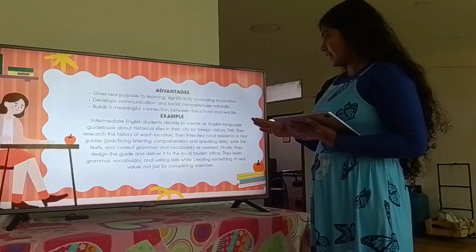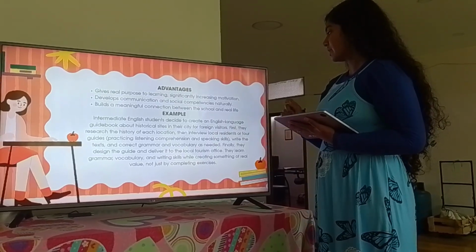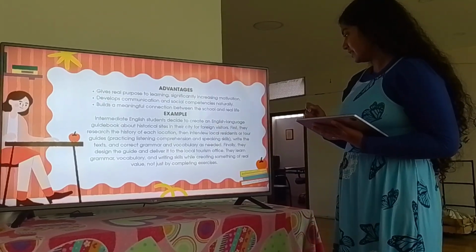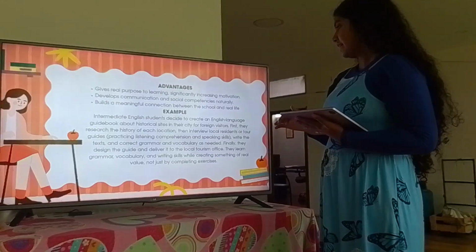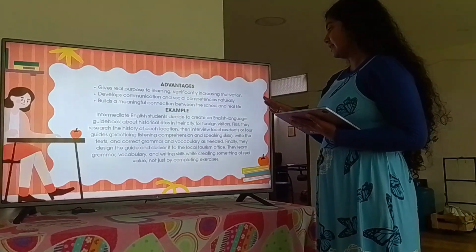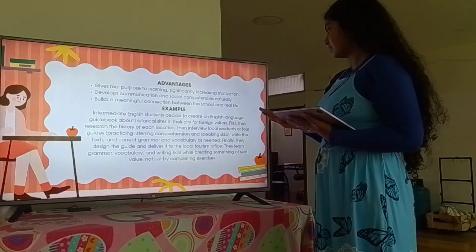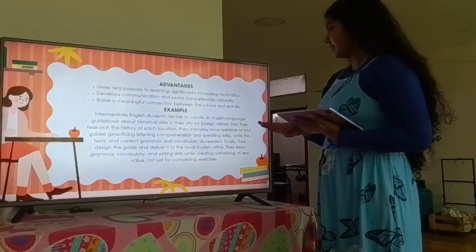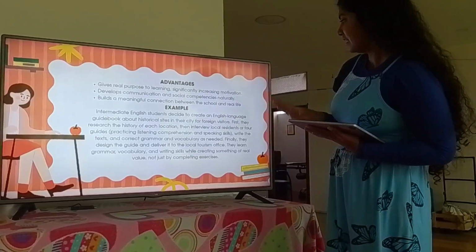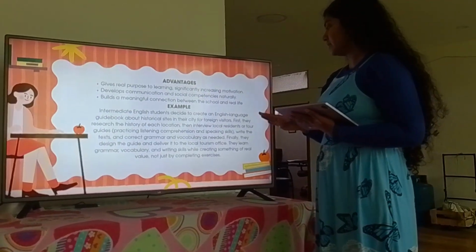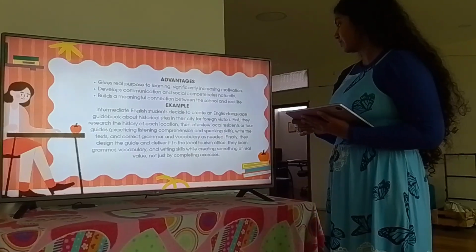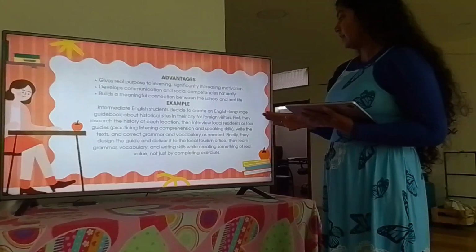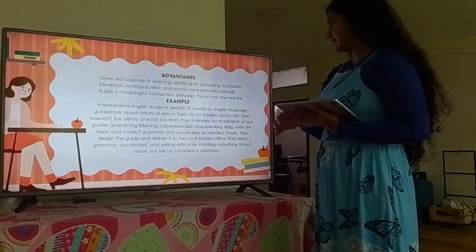They write the text, where correct grammar and vocabulary are needed. Finally, they design the kit and deliver it to the local tourist office. They learn grammar, vocabulary, and writing skills while creating something of real value, not just by completing exercises.